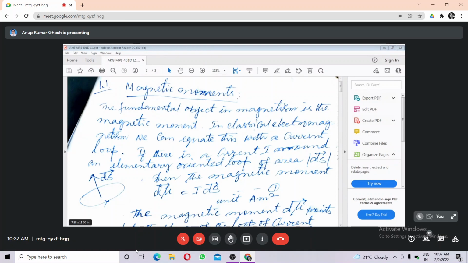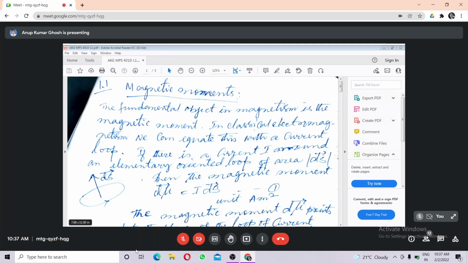Other than these, so many other types of magnetic material or magnetic interactions are there, that is ferromagnetic, antiferromagnetic, superparamagnetic, spin glass, and so on.